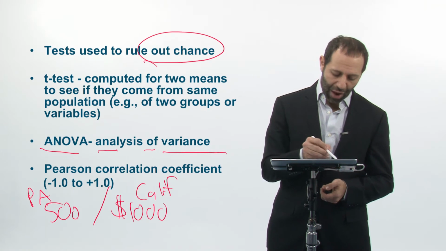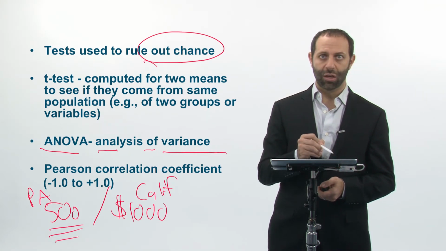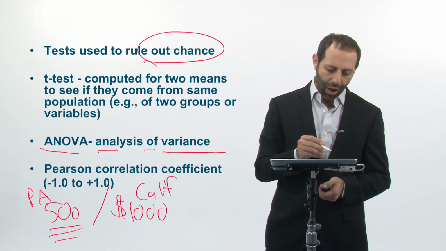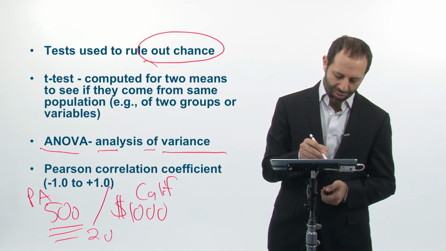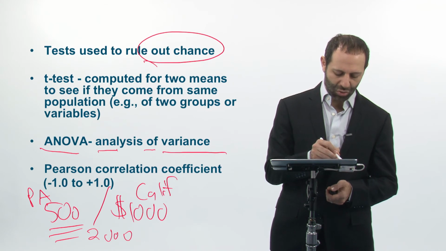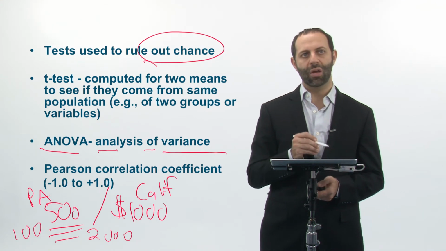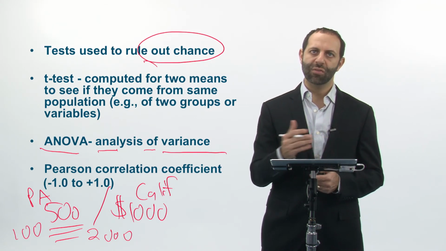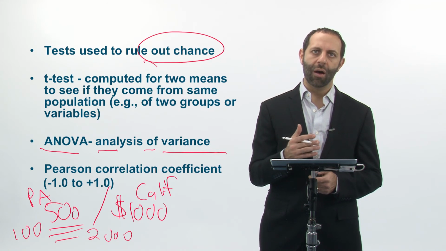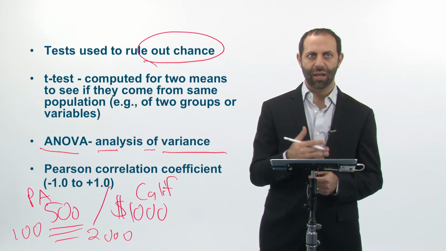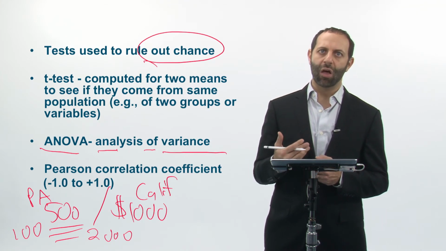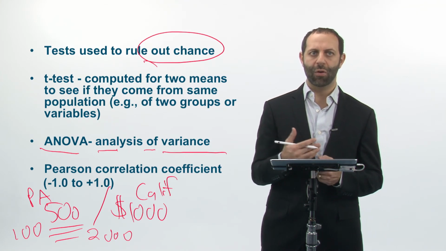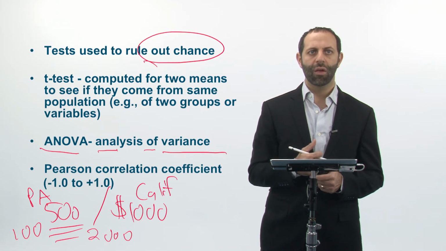So if the average person spends $500 in Pennsylvania, how do we measure the people who spend $2,000 in Pennsylvania versus that person who spent $100 in Pennsylvania? There's variability and variance between the people within the state. And so an ANOVA measurement would help us analyze and understand the variability and the variance within this group.